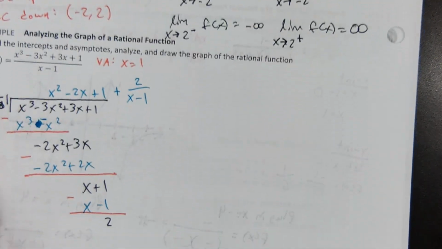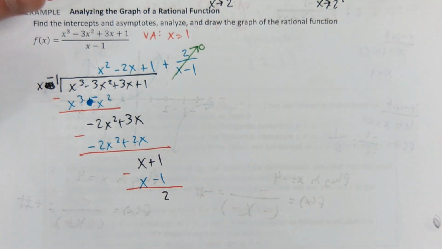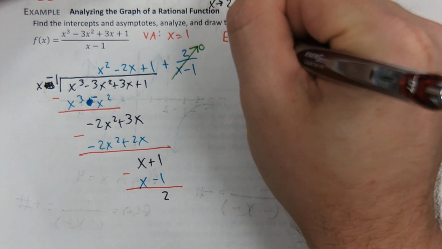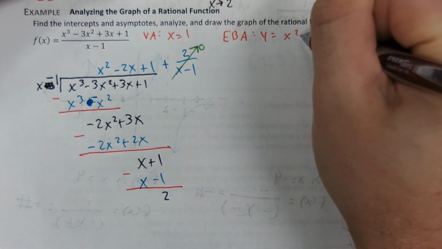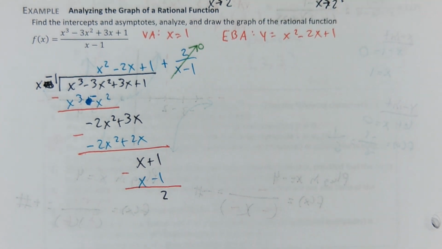So this, that you can't see, is going to go to 0, which tells us our in behavior asymptote is y equals x squared minus 2x plus 1. A quadratic in behavior asymptote.